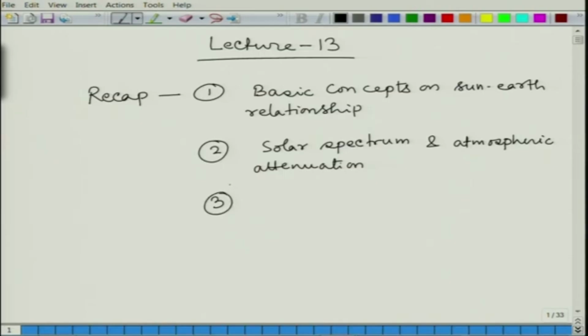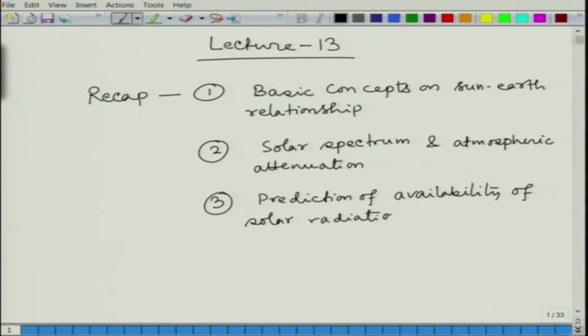Third thing we covered, the prediction of availability of solar radiation, okay.